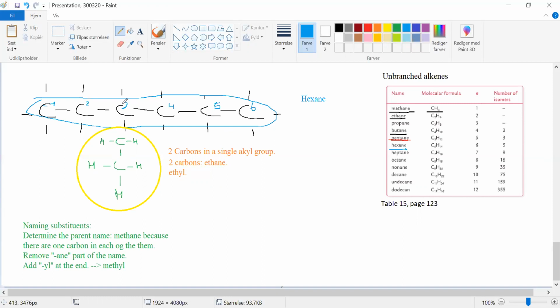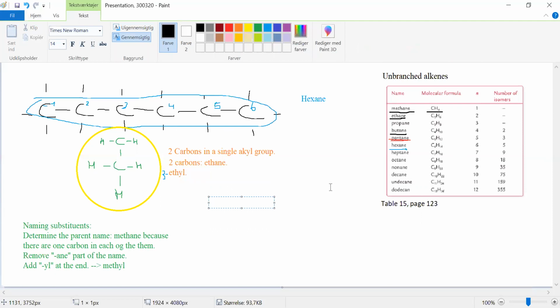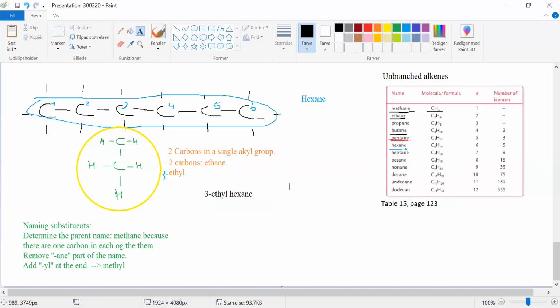So 3 is lower than 4, so we are supposed to count from the left in this example. So it is a 3-ethyl side chain. And then we combine the parent name with the names for the substituents. So it's a 3-ethylhexane. Okay? So that will be the name for this structure.